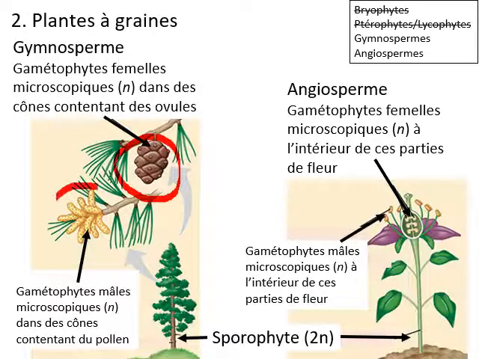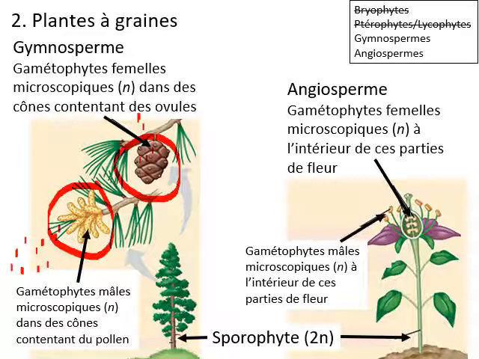The male pollen is in a different type of cone. And these are wind pollinated. The wind shakes the pollen out of the male cone, and the pollen will land in the female cone and fertilize the female gametophyte.